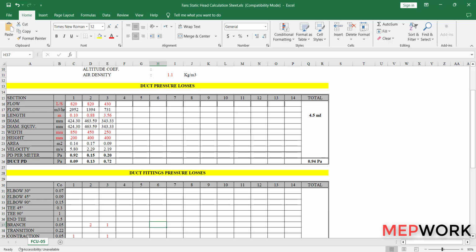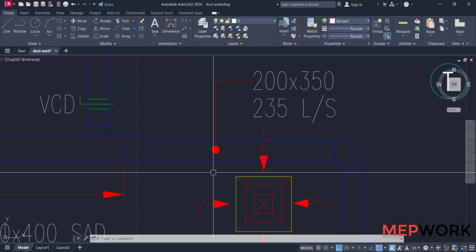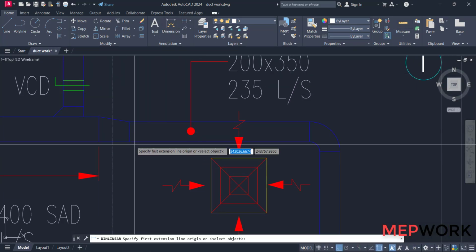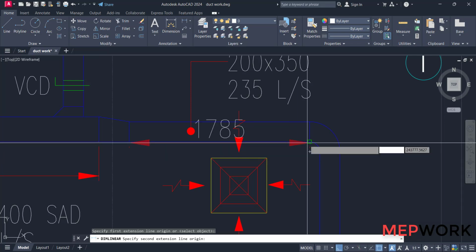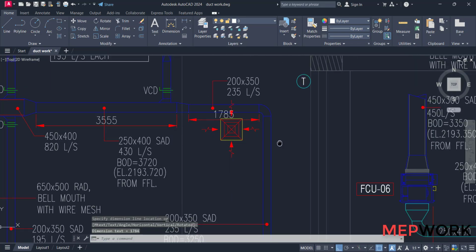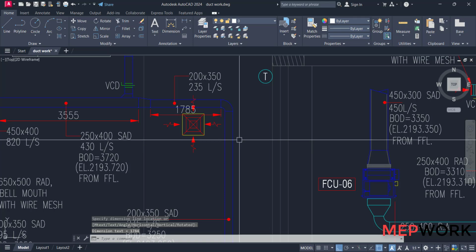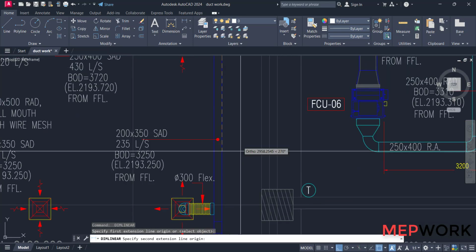To the fourth part, its length will be this part plus this part also.